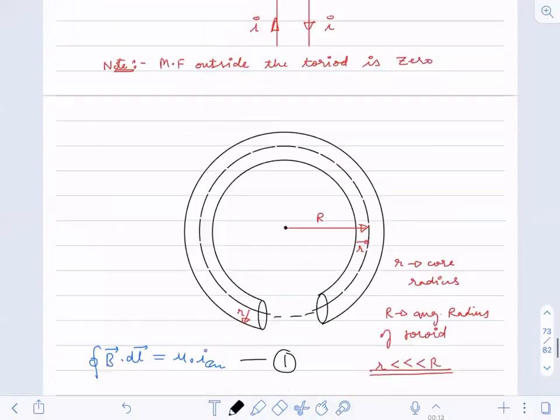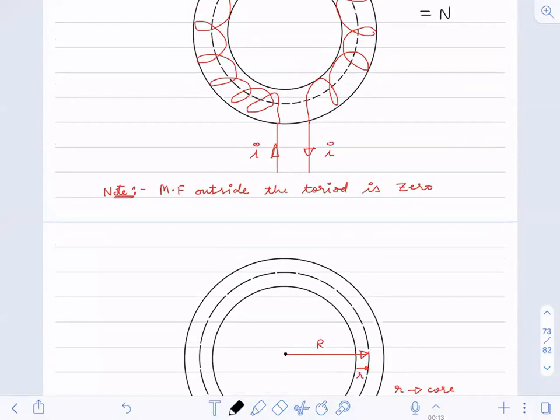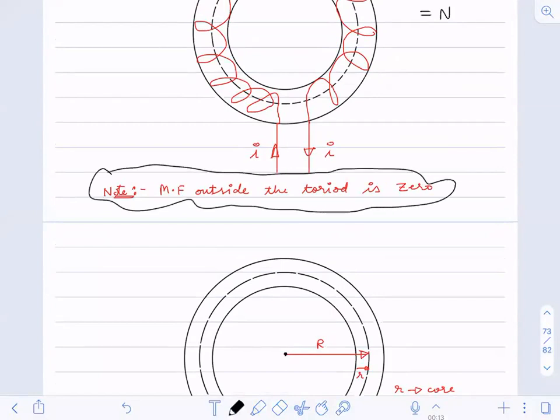So in a toroid, one important thing you have to remember is that the magnetic field outside the toroid is zero. This is a very important statement. Like a solenoid, outside points will have magnetic field zero, so it applies for the toroid also. Is it okay?